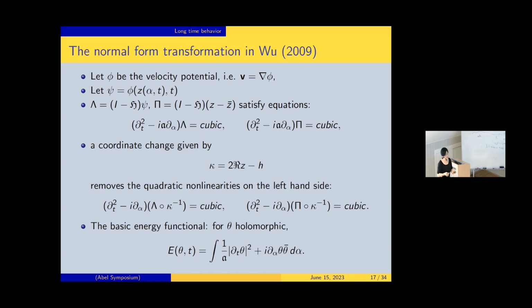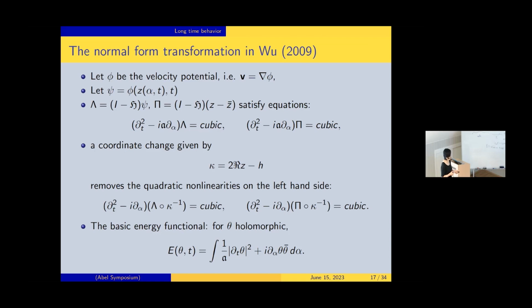Okay. Now with the quadratic nonlinear term completely removed like this, we can do the usual thing, right? We construct the basic energy functional as the following. This basic energy functional is for this equation, dt squared minus I A d alpha, so we moved 1 over a to here.